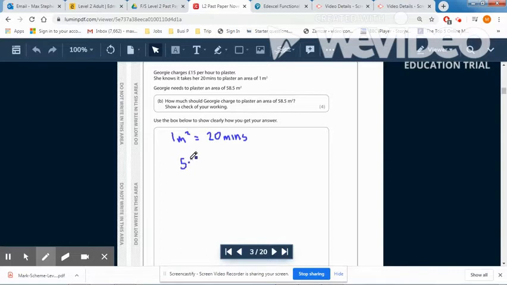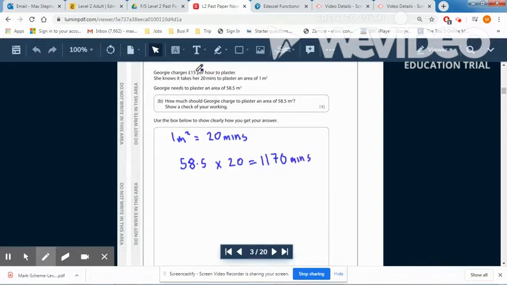So we multiply 58.5 by 20. The total amount of minutes it's going to take her is 1,170 minutes.